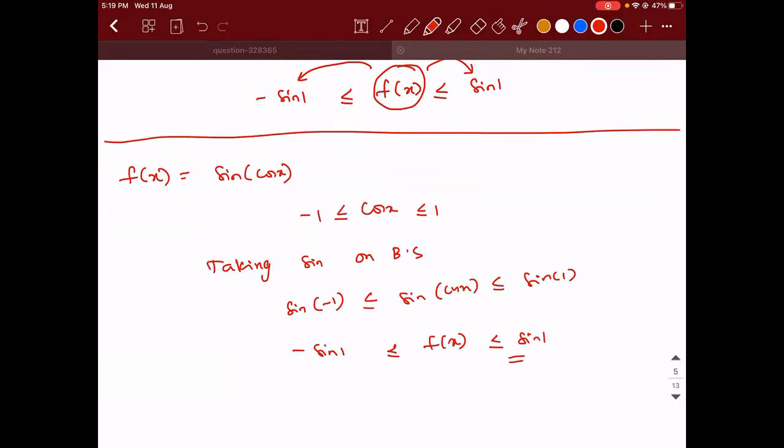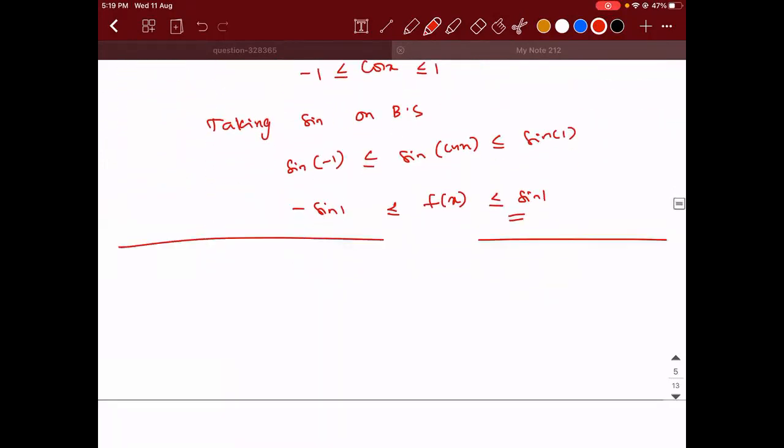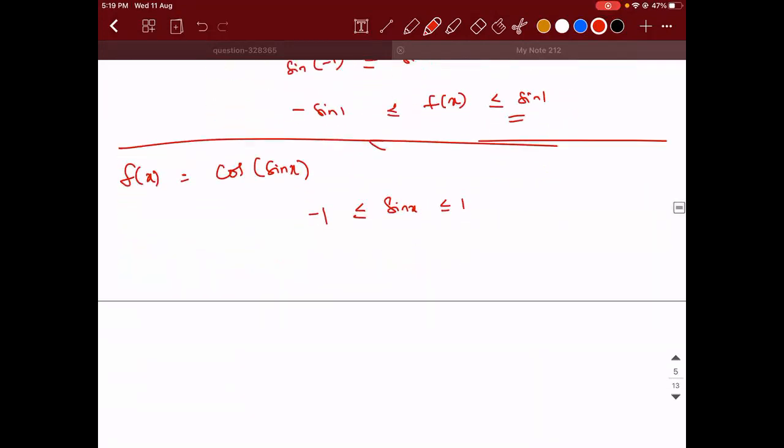But I want you guys to pay attention here. If the question is like this, cos of sine x, then sine x is less than or equal to 1 and greater than or equal to -1, no? Right? What should you do? Taking cos on both the sides, what will happen?